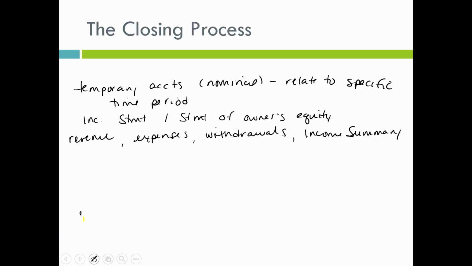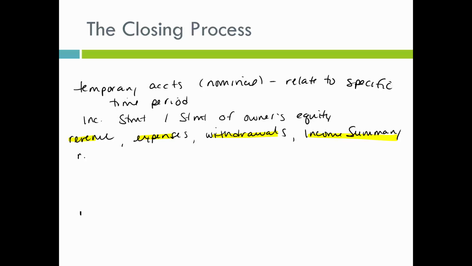So revenue, expenses, withdrawals, and income summary are temporary accounts, and that means at the end of the year or the quarter, I need them to have a zero balance so that I can start out fresh. On the income statement, I reported a net income, and that's for a period of time. That's all the revenues and expenses that took place over this year. Well, I'm getting ready to start a new year, so I need to close those out so they're not mixed in with the next year, so I can measure the performance of last year and this year separately.